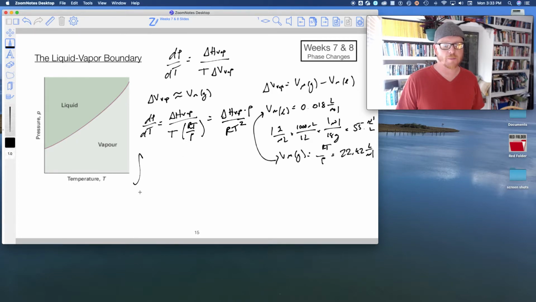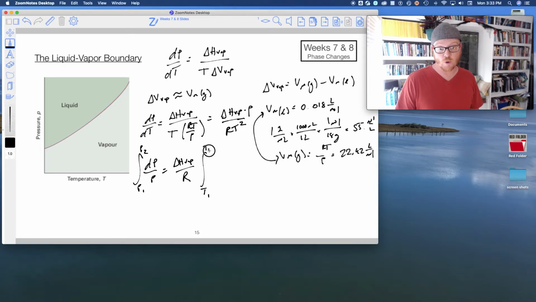So setting that up to integrate between P1 and P2 of dP, so I divide over to P, and now that equals delta H of vaporization divided by R. And we'll assume that delta H doesn't depend on temperature.